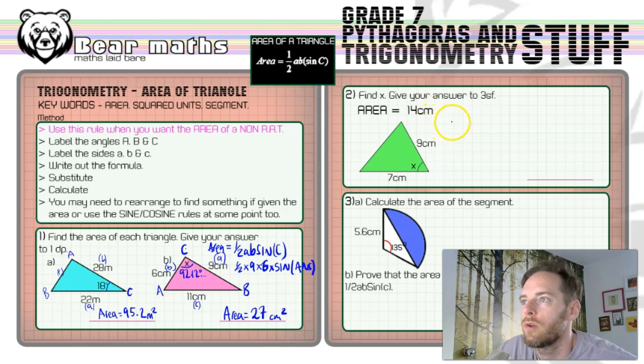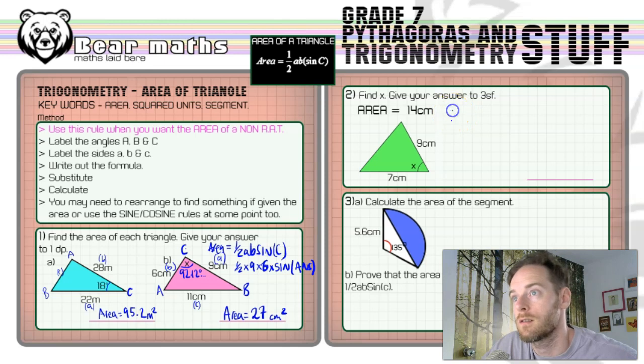Now, question number 2 asks us to find x, which is the angle. We've got to give our answer to 3 significant figures if we can, and the area is 14 centimetres squared. So this is just a case of knowing that the area equals half AB sine C. And then you can substitute that 14 in there where it says area equals half multiplied by A and B and sine C. So that's our C, remember, that's our angle.